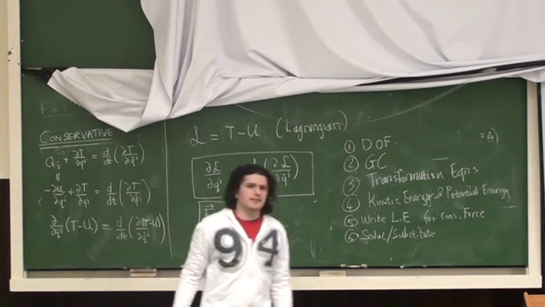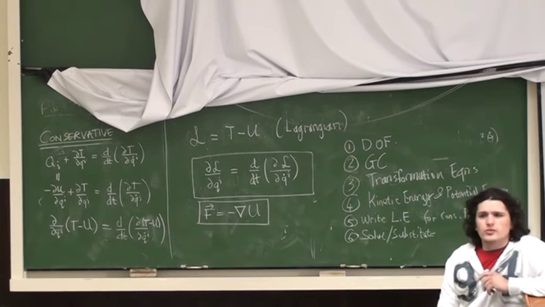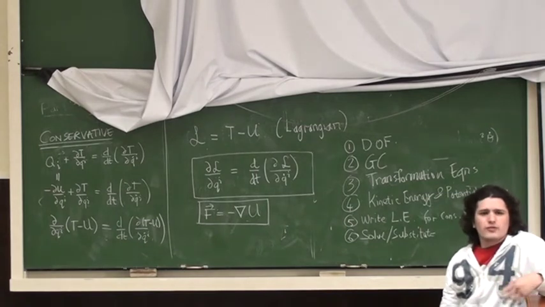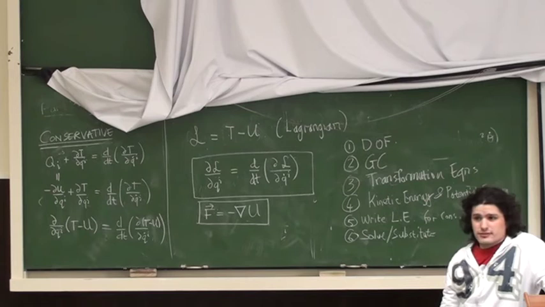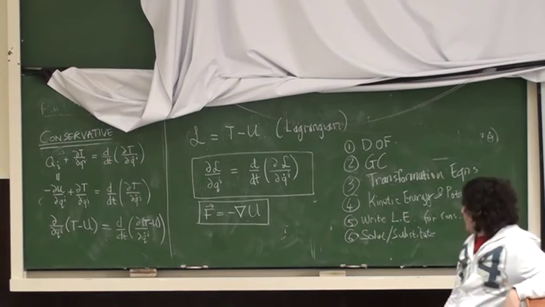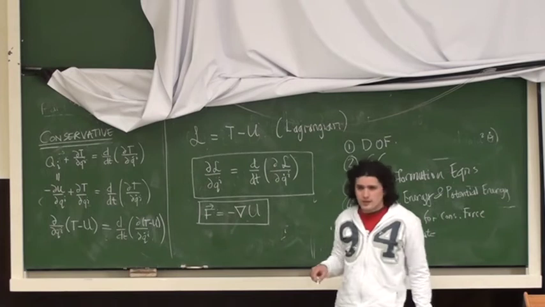We're going to ask the question: are there other ways to tell if a force is conservative? How do you tell me yes or no, and how do you possibly compute this function here?